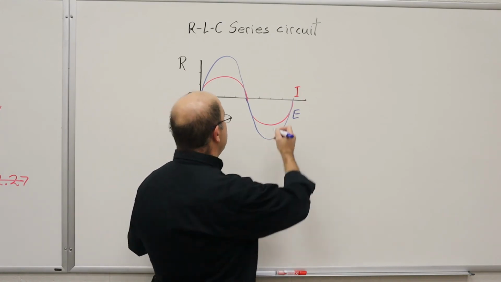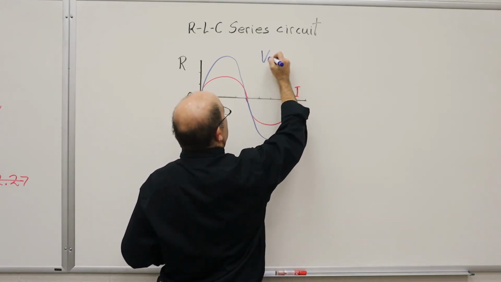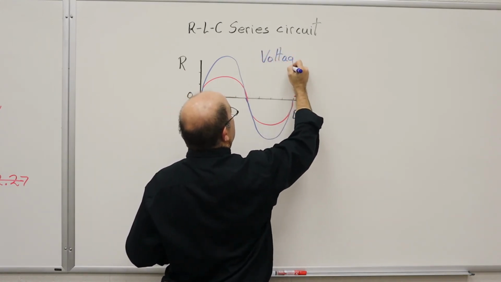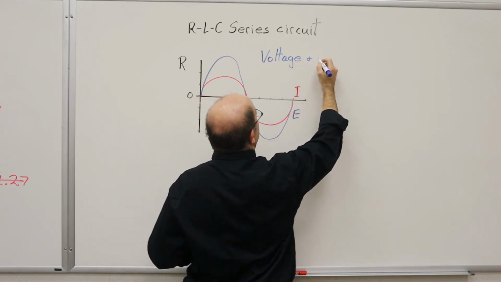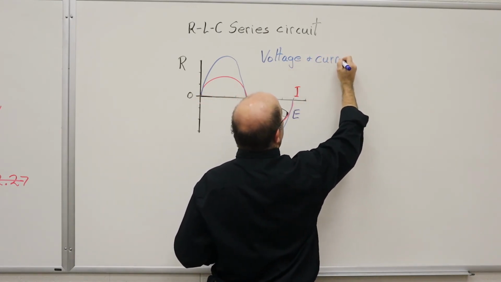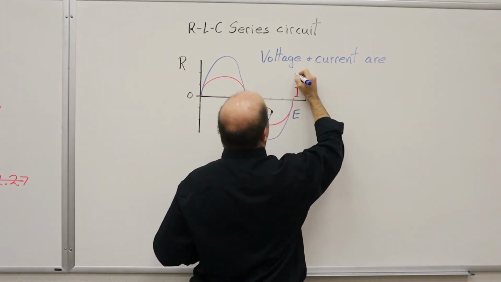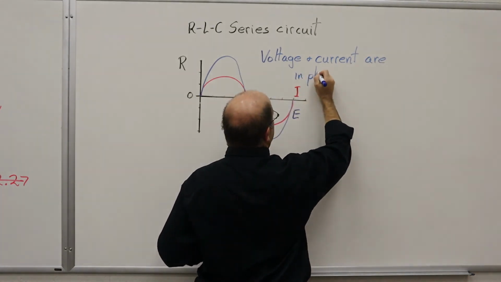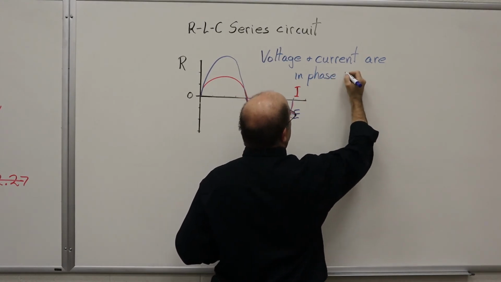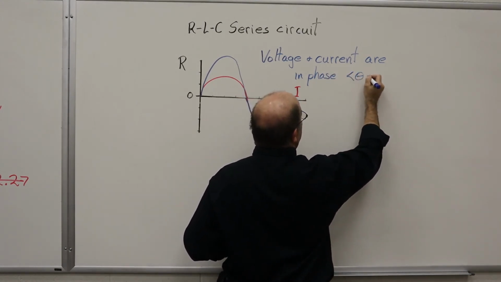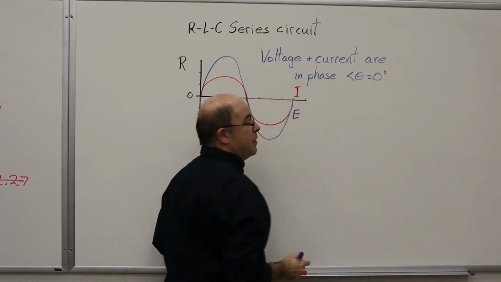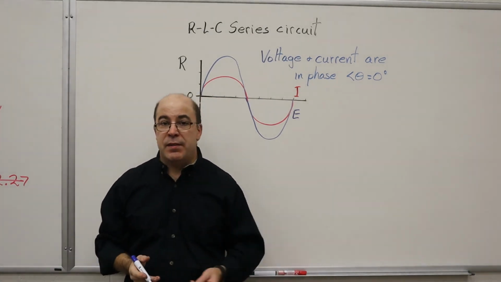And we are going to spell out that voltage and current are in phase, and that angle theta is equal to 0 degrees across the resistor.